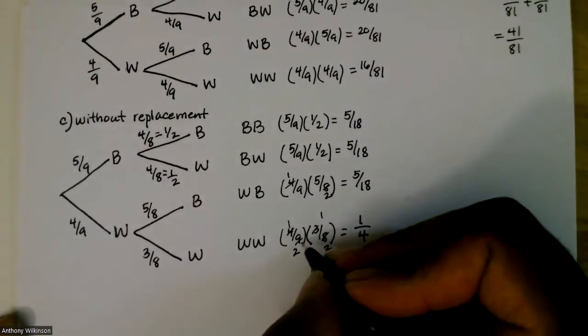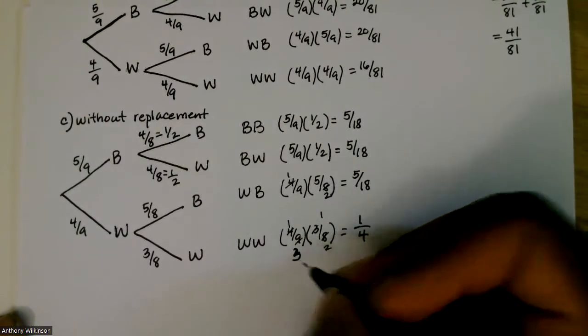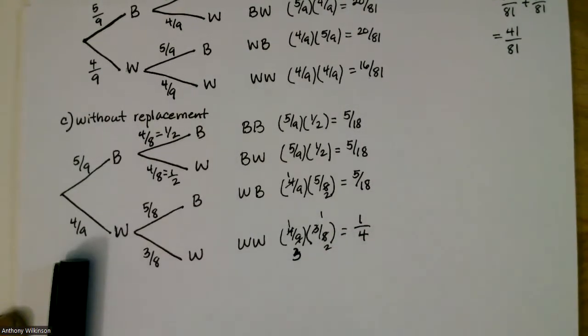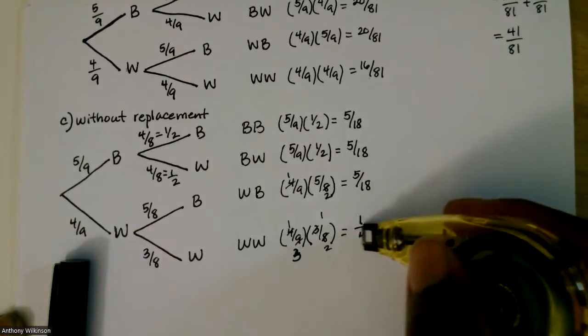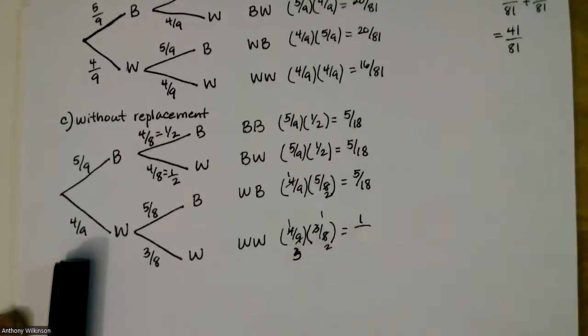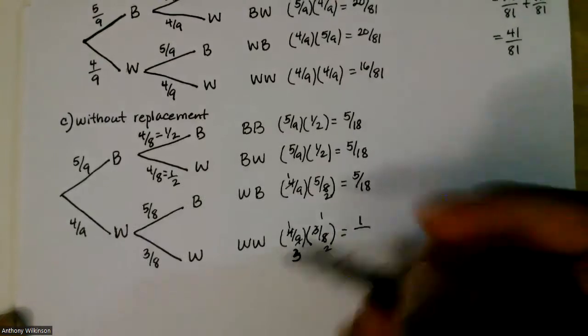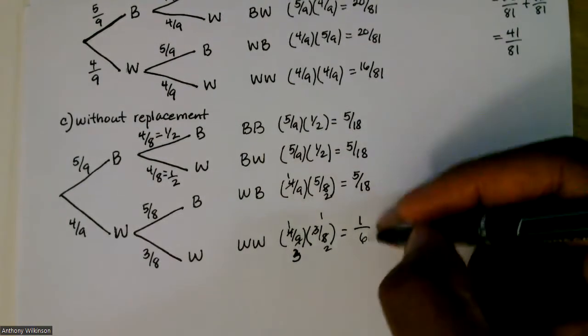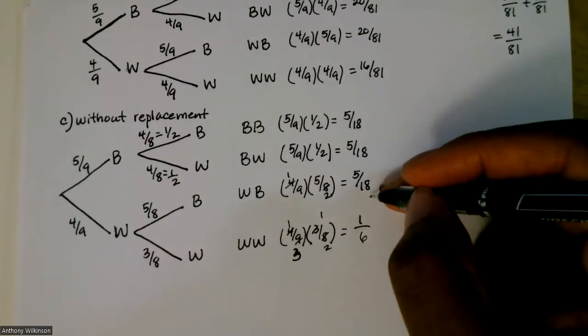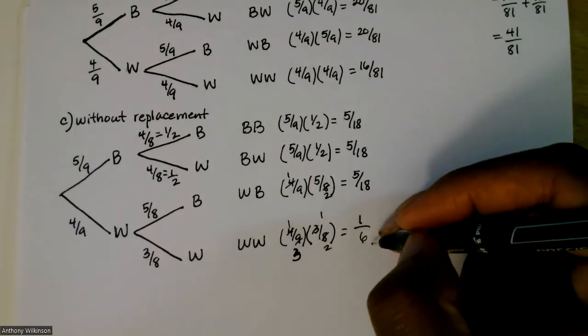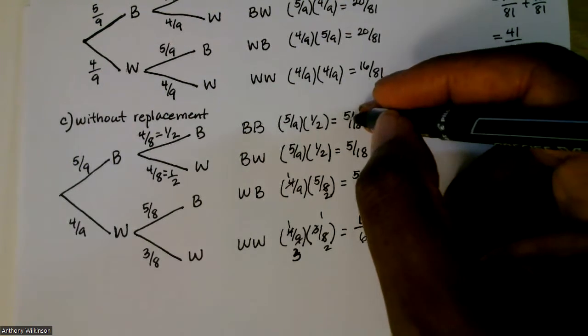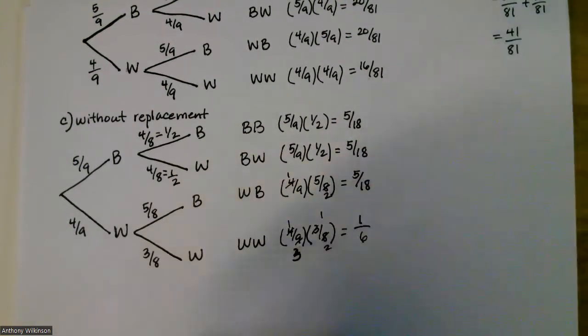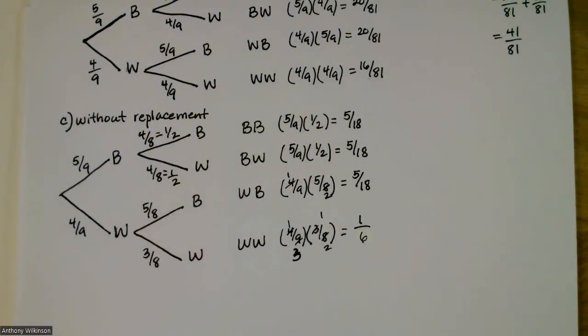Correction. 3 goes into 9 3 times. 3 times 2 would be 6. So this should be 1/6. Okay. And this does add up to 1, because if I convert 1/6 to a denominator of 18, that would be 3/18. Plus 5/18, 5/18, and 5/18, that's 18/18, or 1.